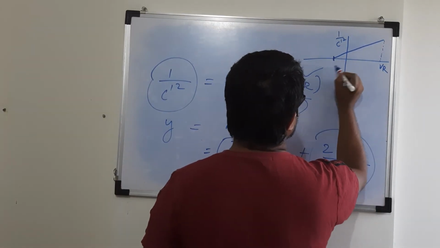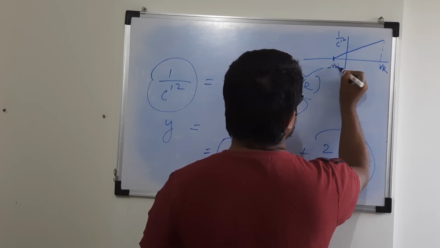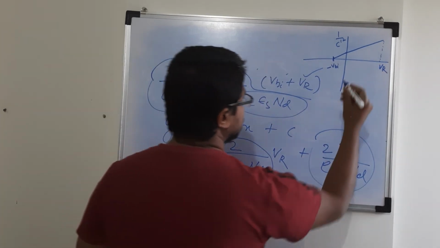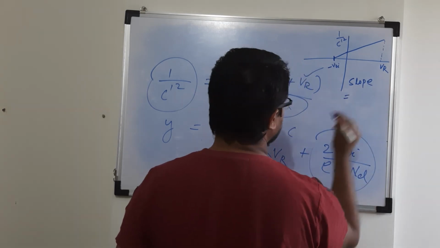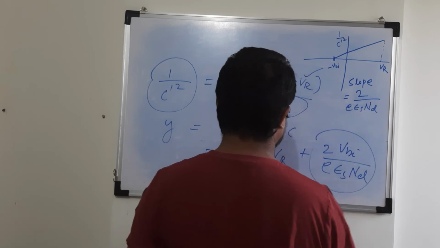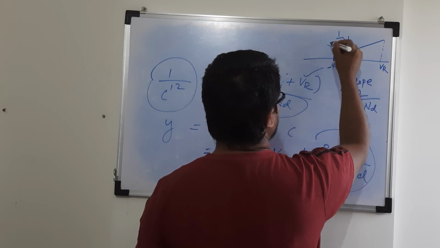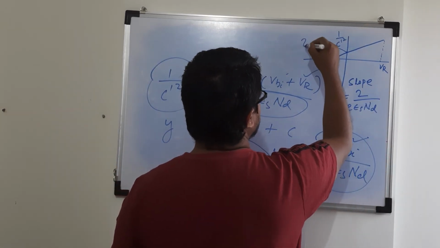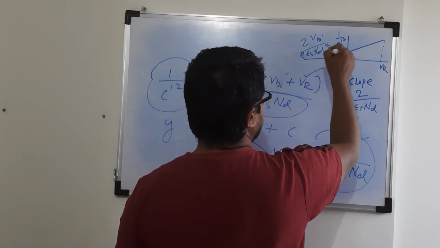The x-intercept value is nothing but minus Vbi, the built-in potential barrier, if you extrapolate it. The slope or gradient is 2 divided by e ε_s Nd, and the y-intercept gives you 2Vbi divided by e ε_s Nd.